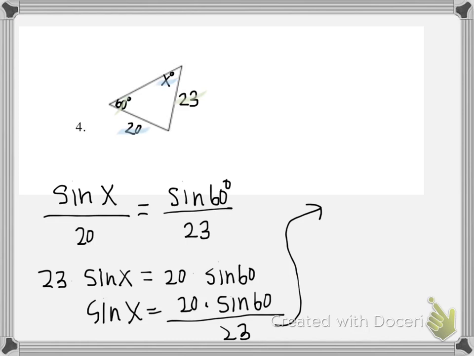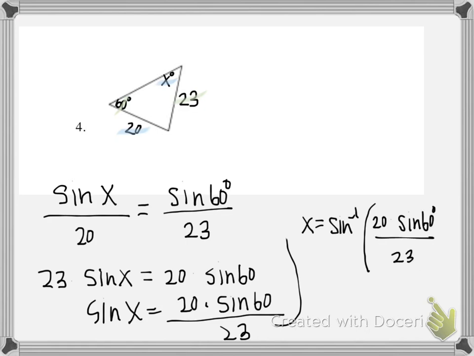So remember there's that inverse function on our calculator. So what we'll do is say second sine of 20 times sine of 60 over 23. So inverse sine of 20 times sine of 60 over 23.